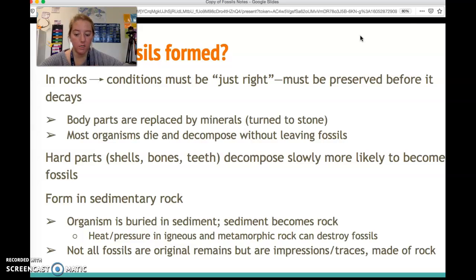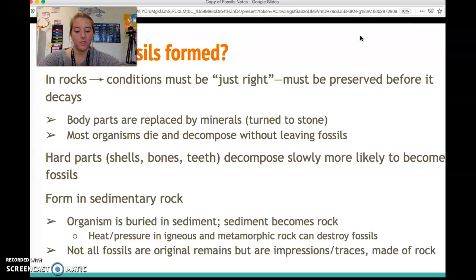The heat of igneous rocks, or melted magma and lava, is going to destroy any kind of evidence that was in it. And metamorphic rocks form from intense pressure and intense heat, so that is often going to destroy any organic evidence in it, meaning that almost without question, our fossils are found in sedimentary rocks, or the layered rocks.